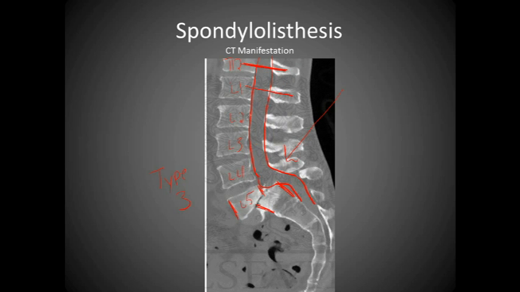Okay, so this is L1, this is L2, this is L3, this is L4, and way back here is L5 on the spinous process. There seems to be some disassociation between the vertebral body and the spinous process.